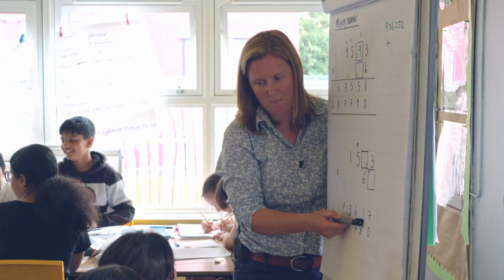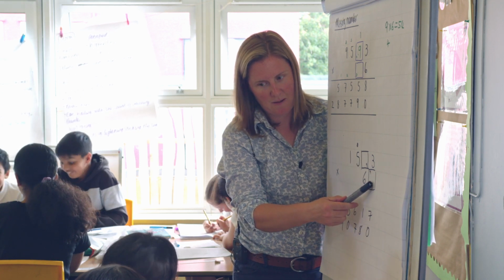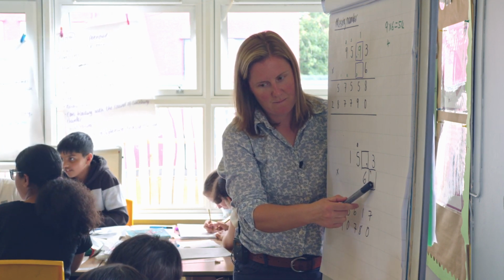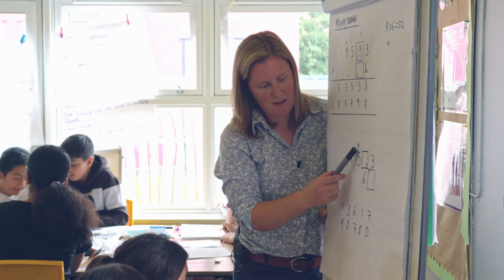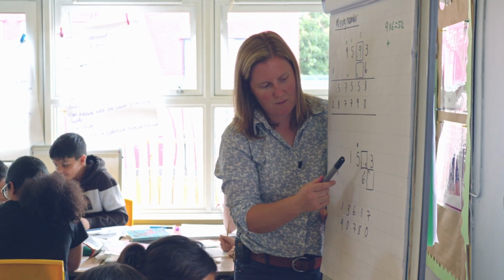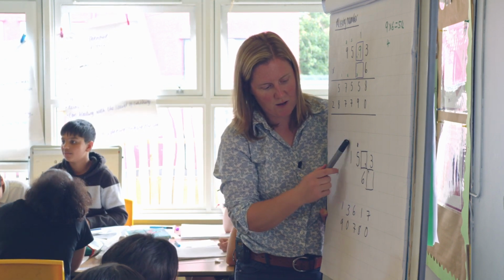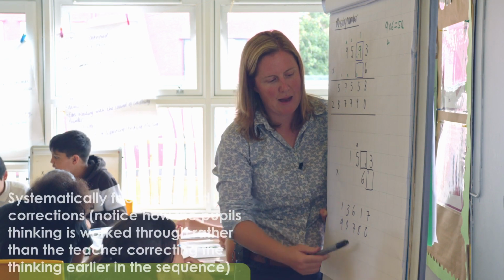Working so far. 5 times 9 is... add 8. 53. Doesn't work. Okay, so now we need to go back.